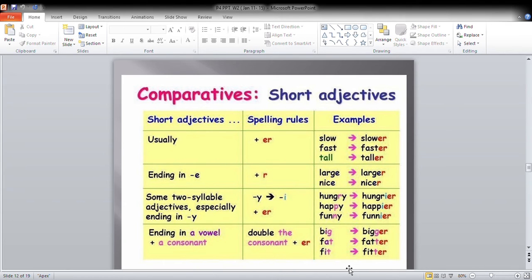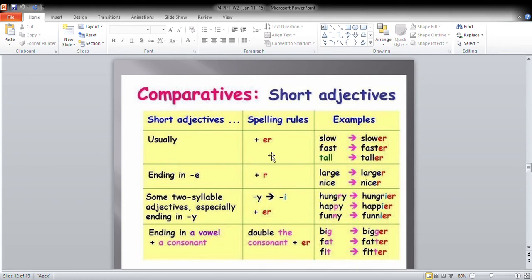Next, we have the rules on how we are going to use short adjectives in comparative sentences. For short adjectives, usually the spelling rule is we add er to the adjective. Example, slow, slower; fast, faster; tall, taller.